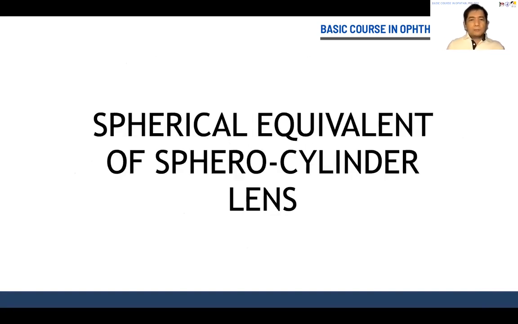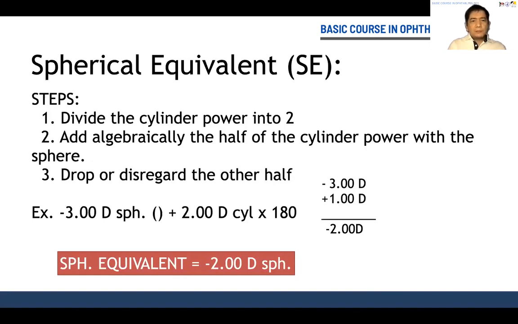Another point of concern is what we call spherical equivalent in spherocylinder lenses. What do I mean by this? A spherical equivalent is taking away the cylindrical component in the spherocylindrical lens, but you don't totally remove it. You just divide the cylinder power into two, get half of your cylinder prescription. For example, plus 2 diopter cylinder, you divide that by 2, that will become plus 1.